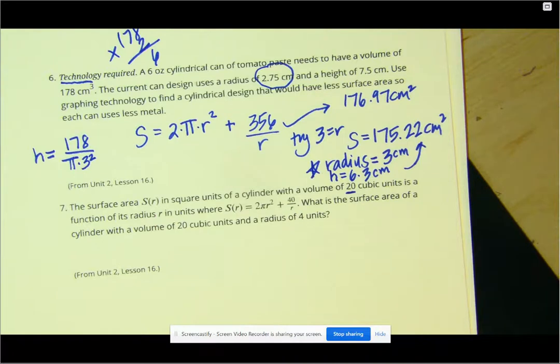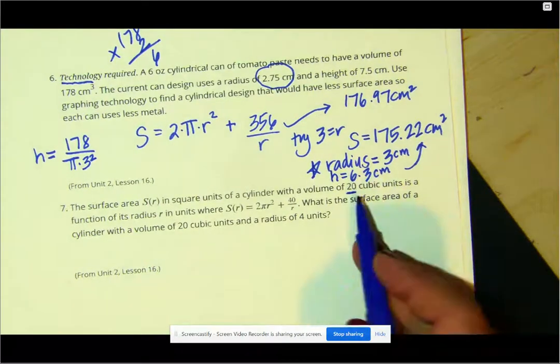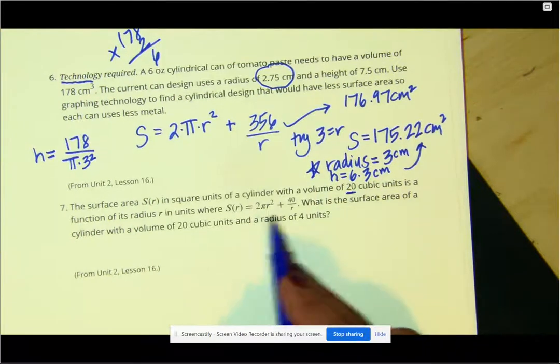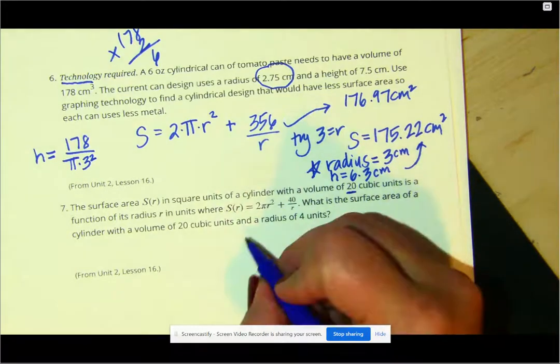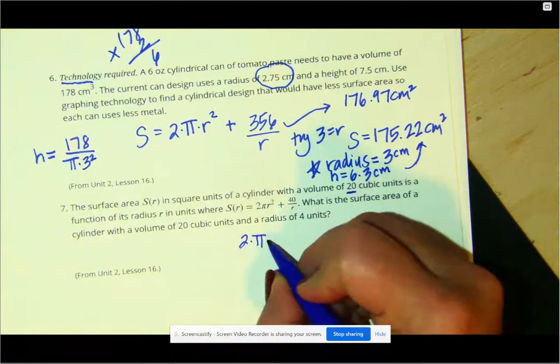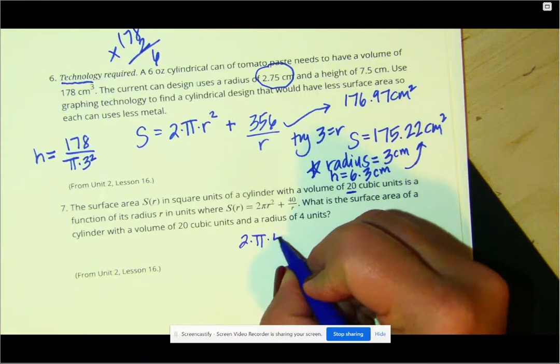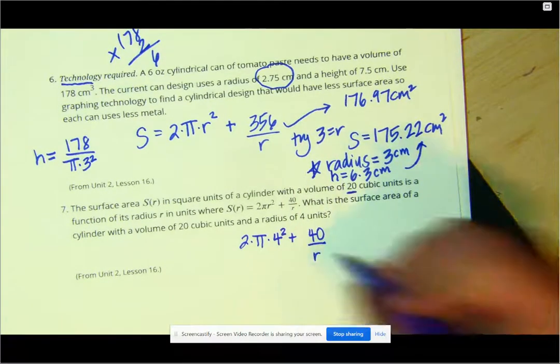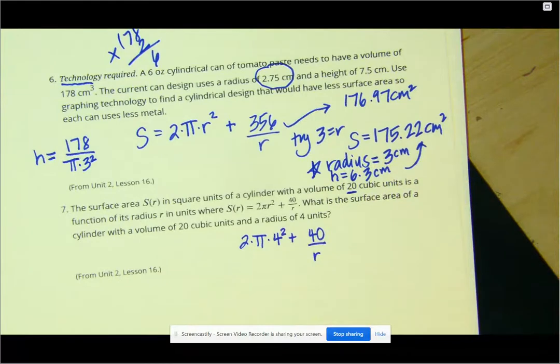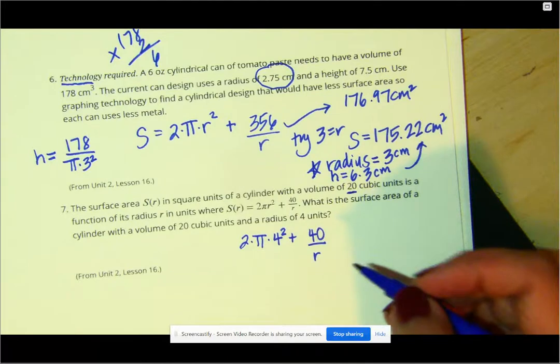What is the surface area of a cylinder with a volume of 20 cubic units? So we're using this volume, which means this formula will work, and a radius of 4. All we have to do is plug 4 in and do the math. So we're going to go 2 times pi times 4 squared plus 40 over R. And we could leave the answer in terms of pi, right?